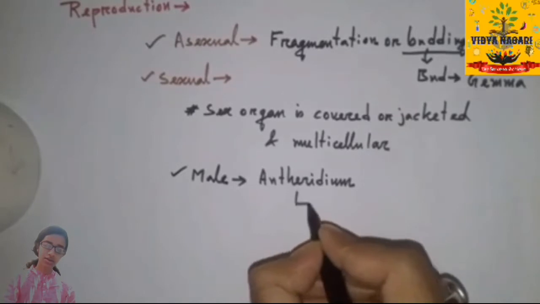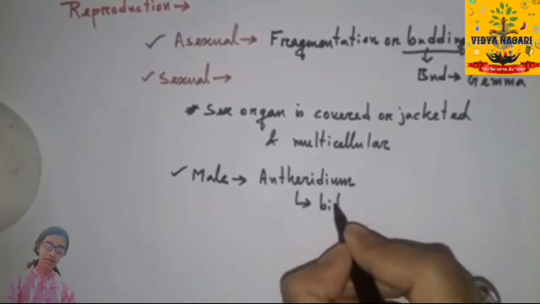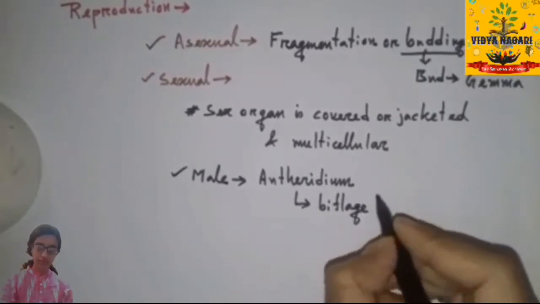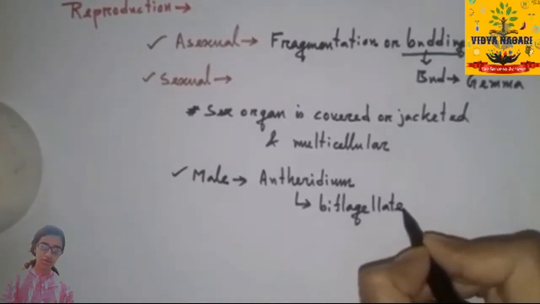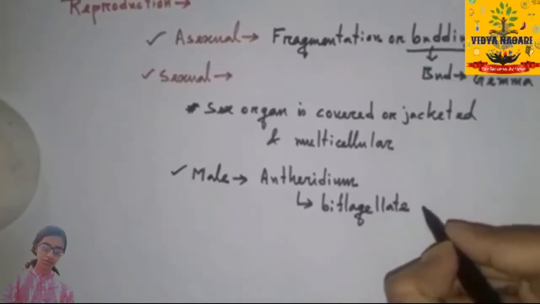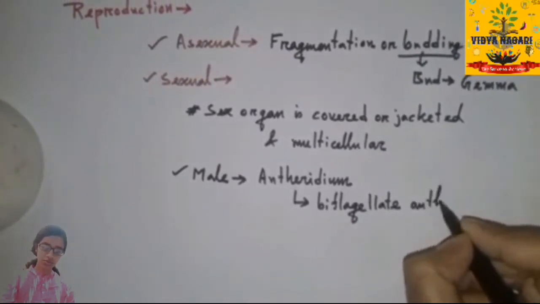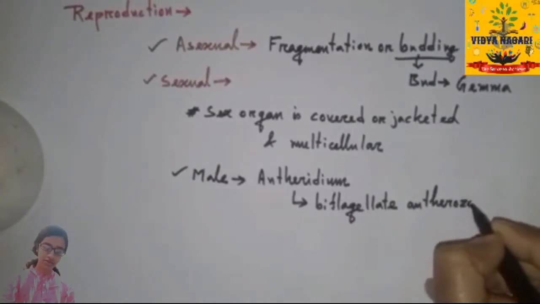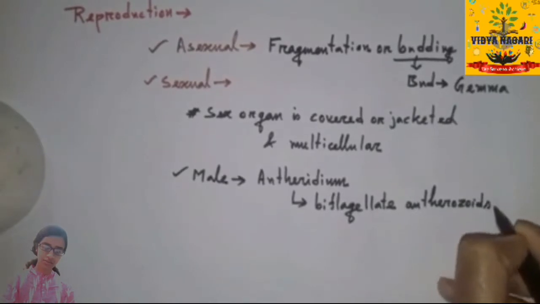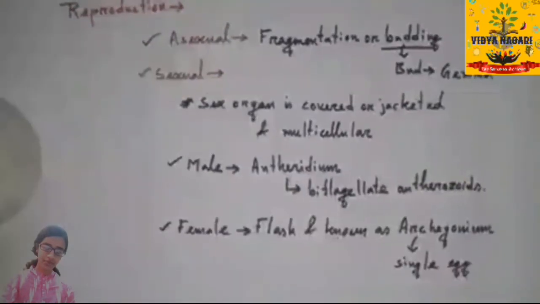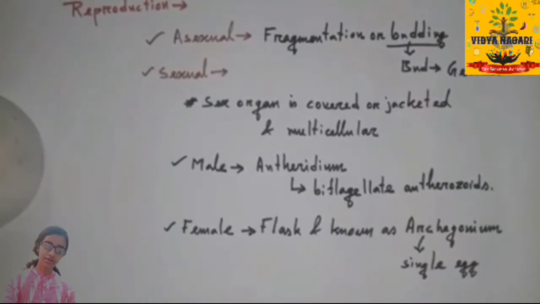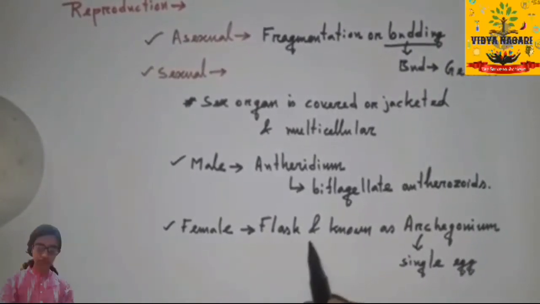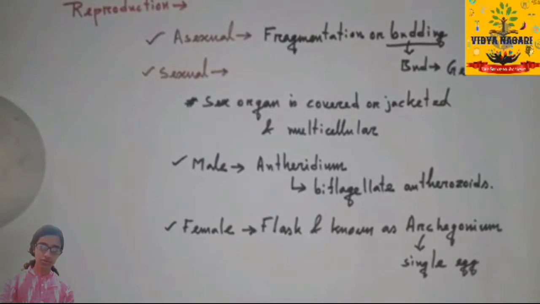This antheridium produces biflagellate, meaning two flagella, antherozoids, or male gametes. And the female sex organ is flask shaped and known as archegonium. This archegonium produces a single egg.